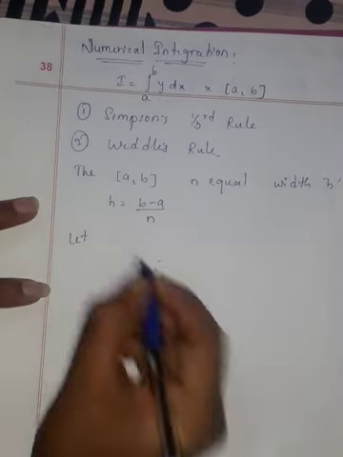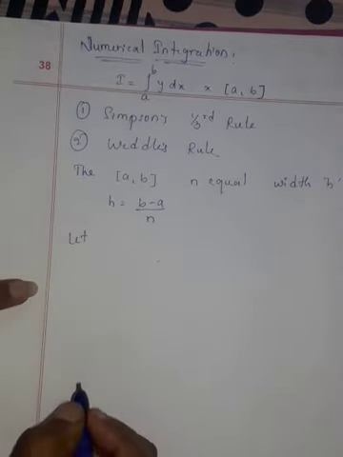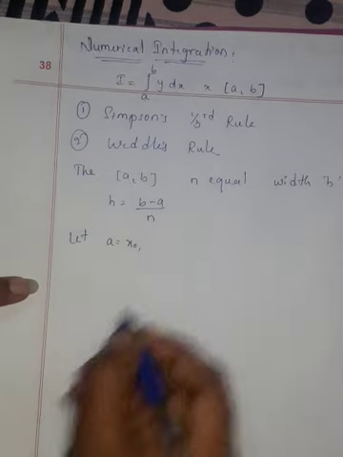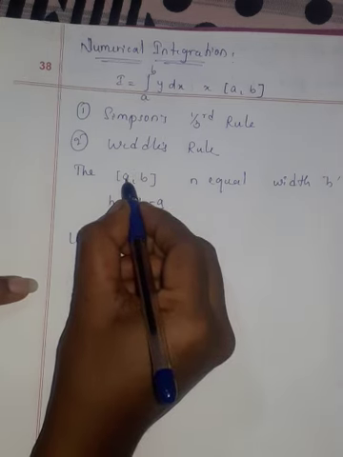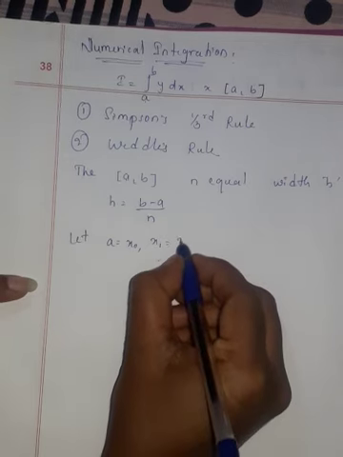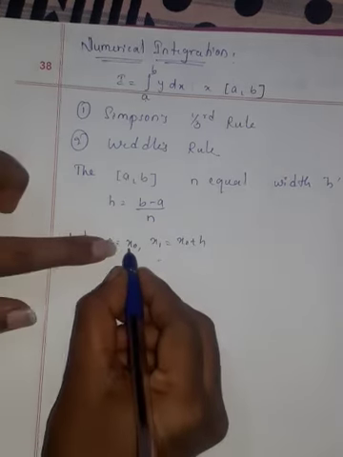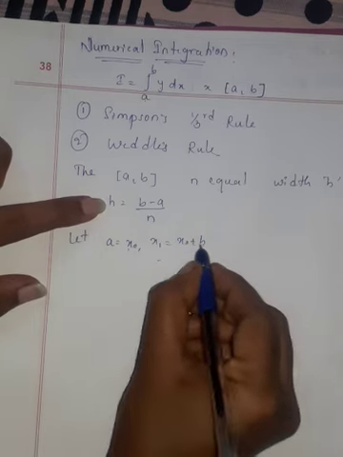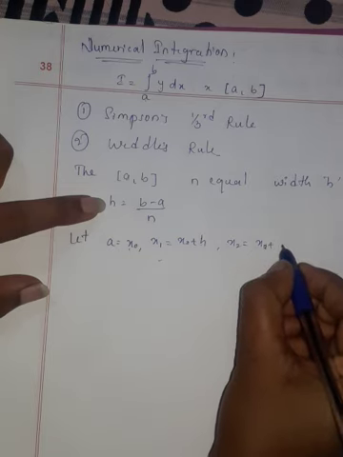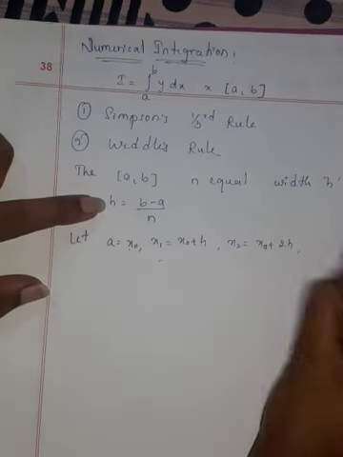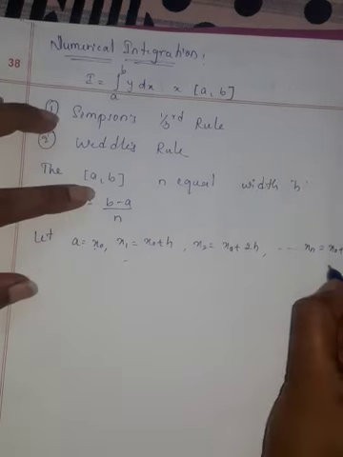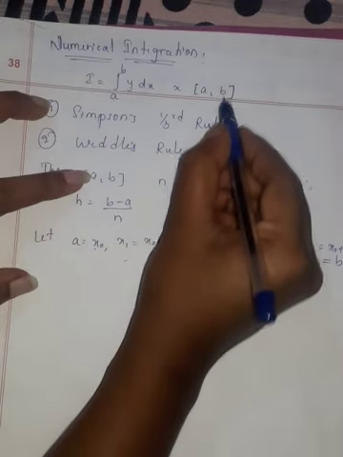So we take a equal to x naught, the first point as the initial point. Next x1 is x naught plus h, that is x naught plus width h. x2 is x naught plus 2h, and so on up to xn, which is x naught plus nh. This xn is nothing but our last point, that is b.